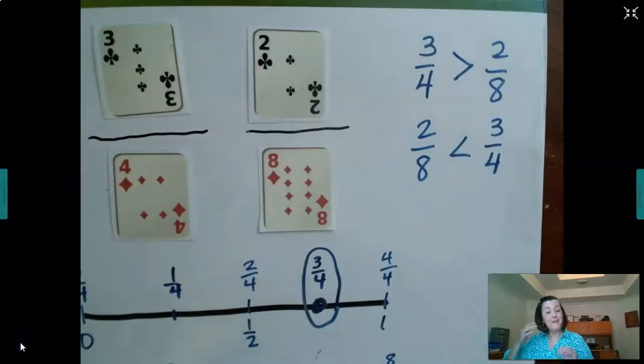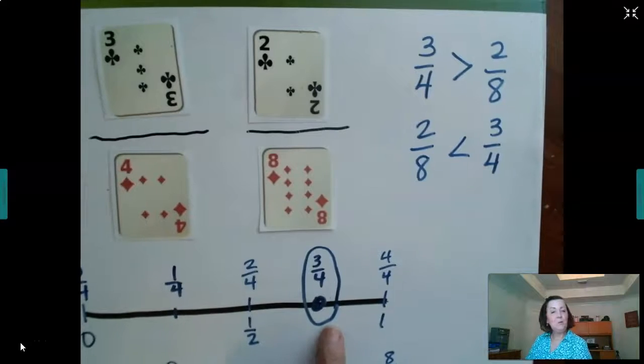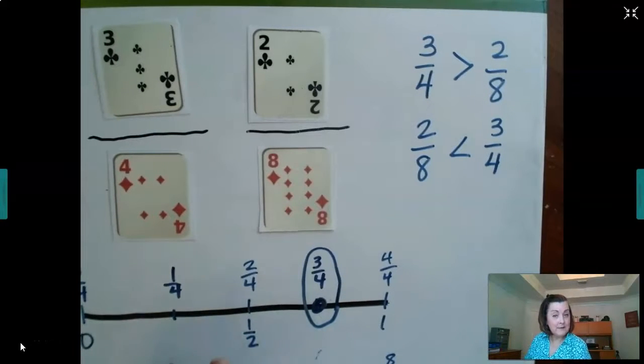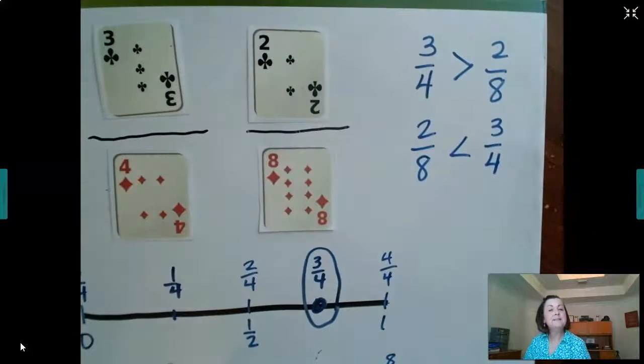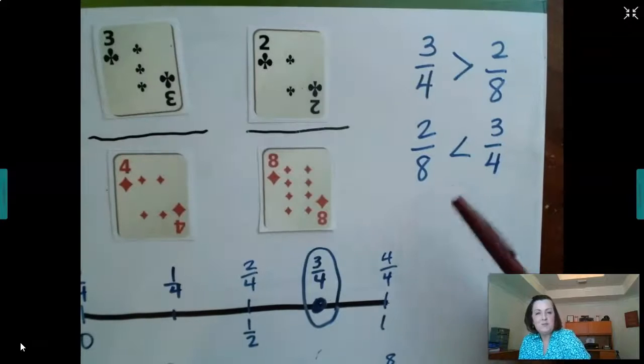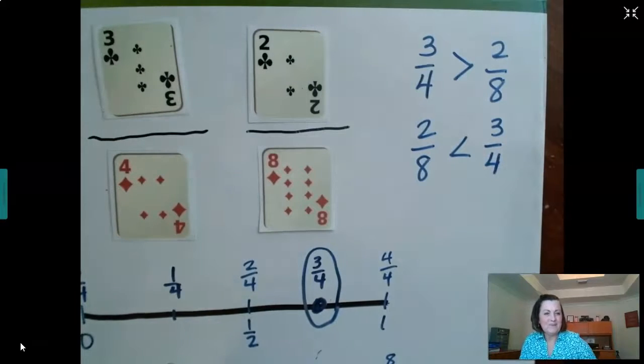Okay, now that you've written your two statements, let's read them together. We know that 3/4 is greater than 1/2, and we know that 2/8 was less than 1/2. Therefore, we can say that 3/4 is greater than 2/8, or we can say that 2/8 is less than 3/4.